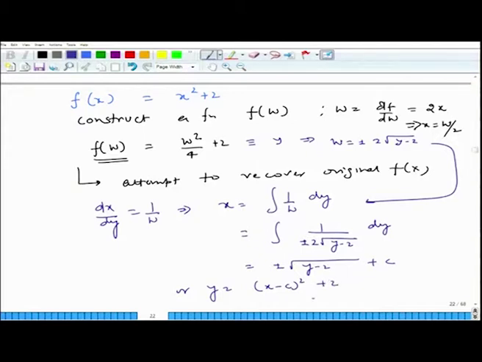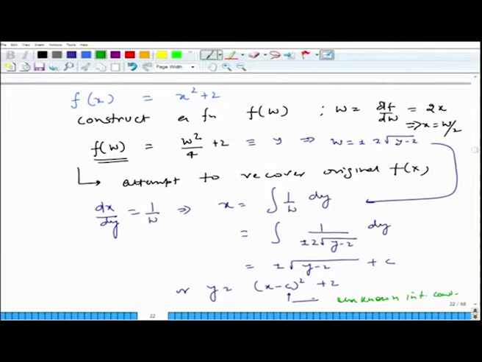So this unknown integral constant is introduced here. By simple integration we get an unknown constant, which means that we are not going to get the original function recovered here.